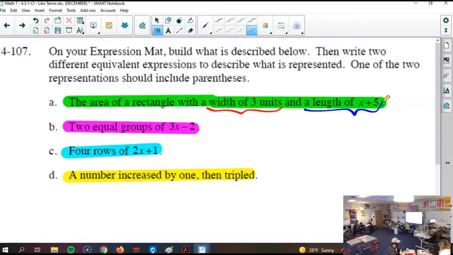Try to get two equal groups of 3x's and -2. Those are x squared. Careful, x versus x squared.